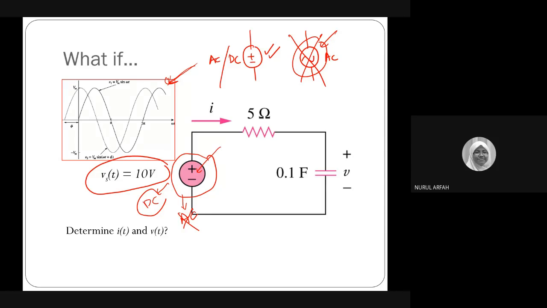If you have VS and they put 10 volt like this, then you need to know that the 10 volt is constant throughout the time here. Meaning this is a DC. In the ideal case, it will give exactly 10 volt. It will not give a plus or minus of 0.1 or so on.